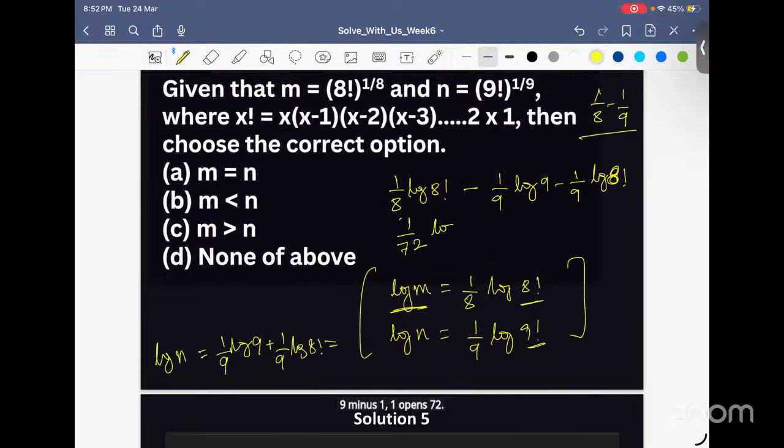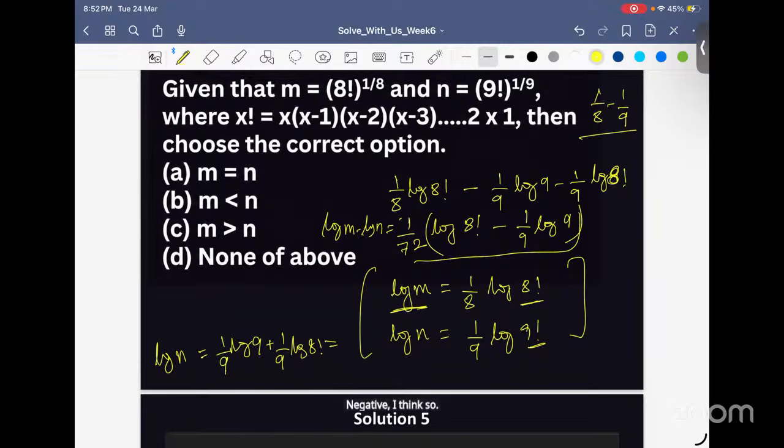So we have 1 upon 72 log of 8 factorial minus 1 by 9 log of 9. This is log of m minus log of n. Is this a positive number or a negative number? Negative, I think so.